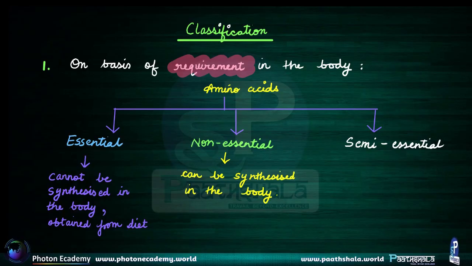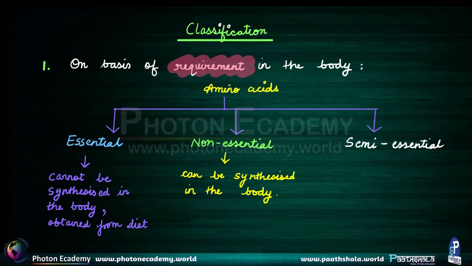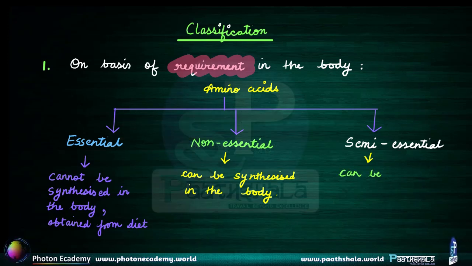The next category is the semi-essential ones, which may be synthesized in the body or may have to be obtained from external sources. So they either can be synthesized or have to be provided externally.